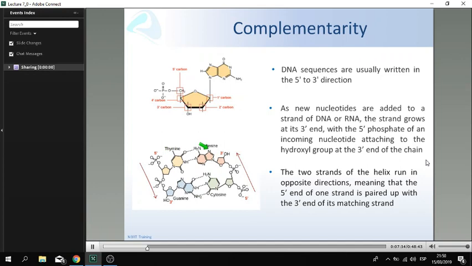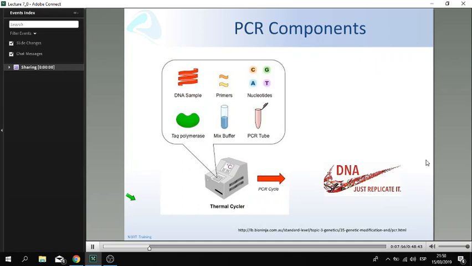Thymine and adenine always come together, guanine and cytosine in DNA, and the other part of the chain grows in the opposite direction. So that just means that the 5' end of one strand is actually paired up with the 3' end of each matching strand. So this is the complementarity that we are talking about.